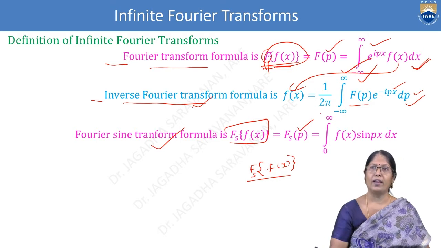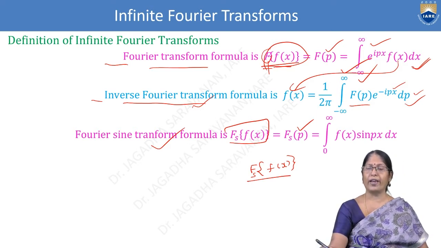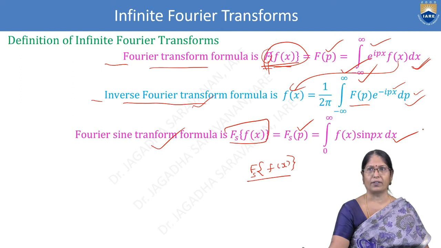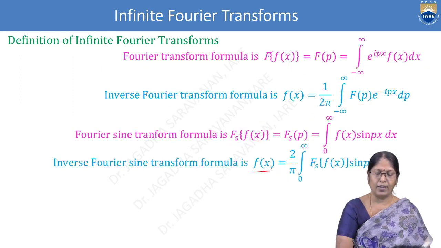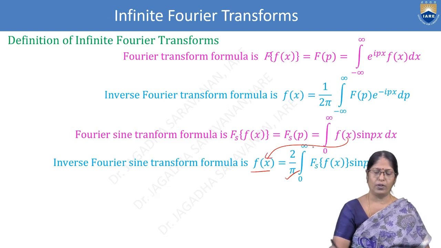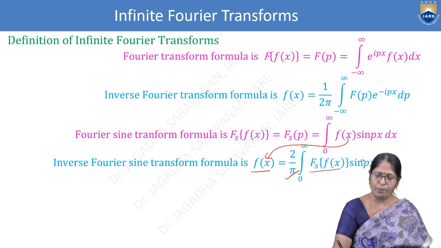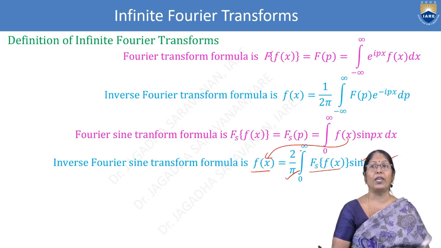In another way, capital F s of p equals the integral from 0 to infinity of f of x sine px dx. The inverse Fourier sine transform formula is f of x equals 2 by pi, where f of x has come out, 2 by pi integral of capital F s of p sine px dp, the integral from 0 to infinity.